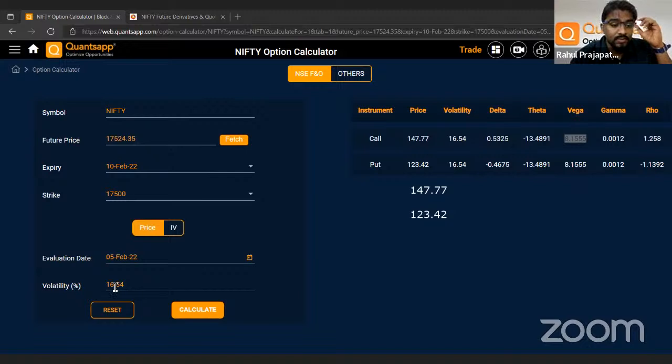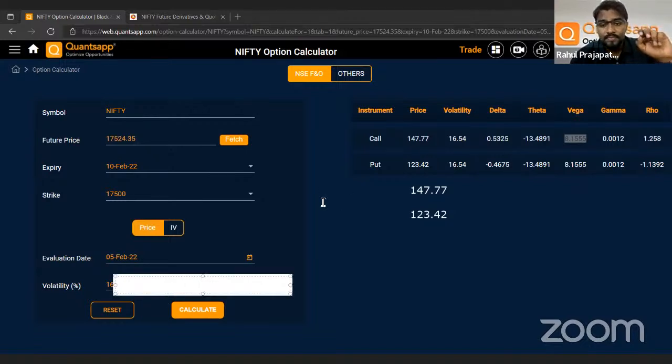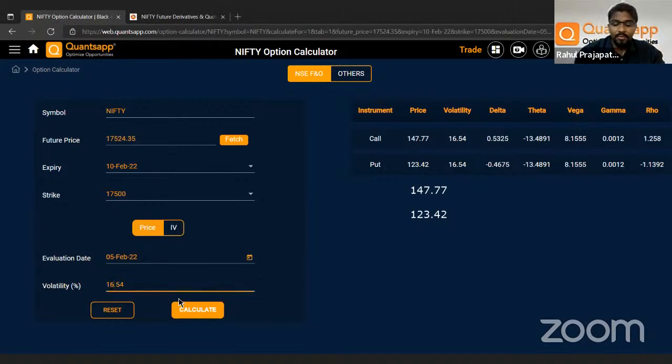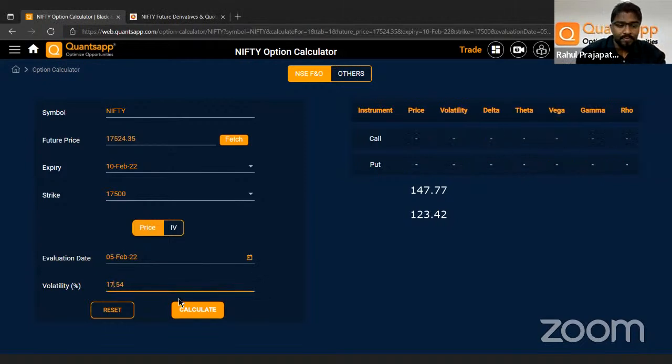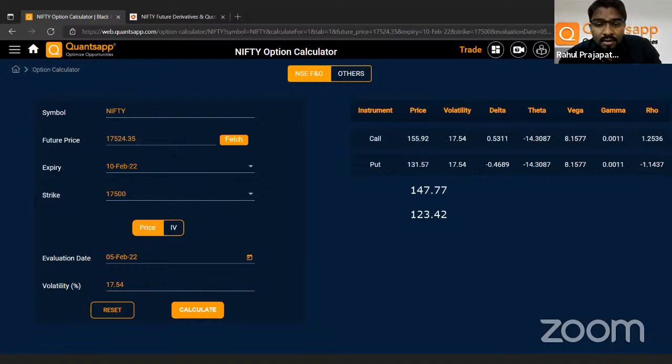Now I will change this volatility by 1%. Okay, that means I'll change it to like 17.54. And we had the 8.15 as a Vega. Now you see, I have changed this, so this increases by 8 rupees approximately. This value was this, and this increases by approximately 8 rupees. This is also same.